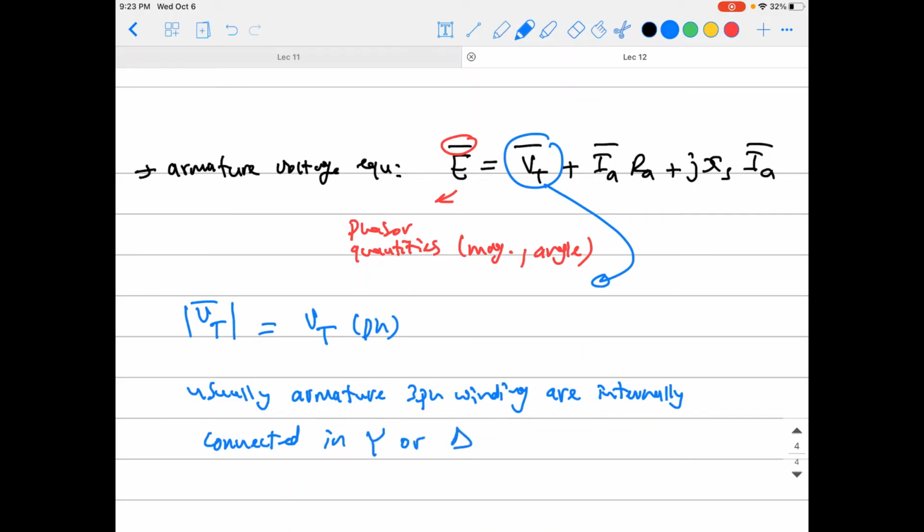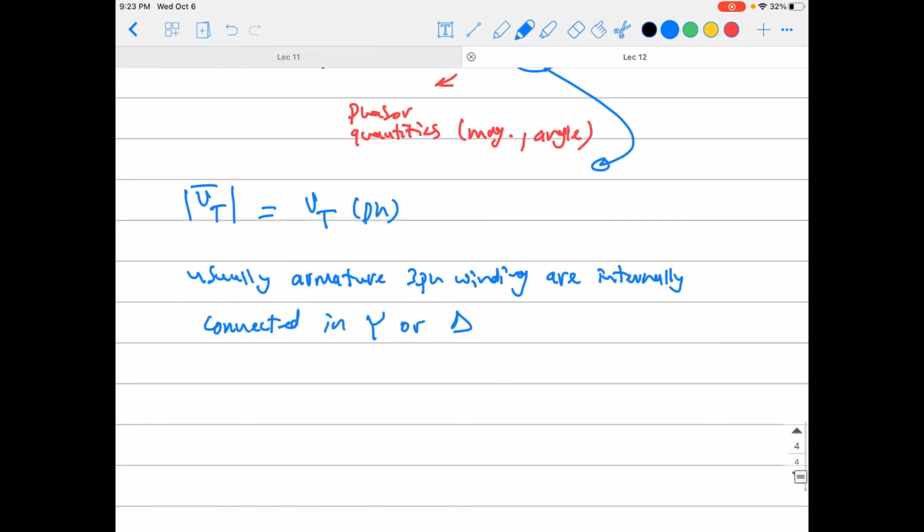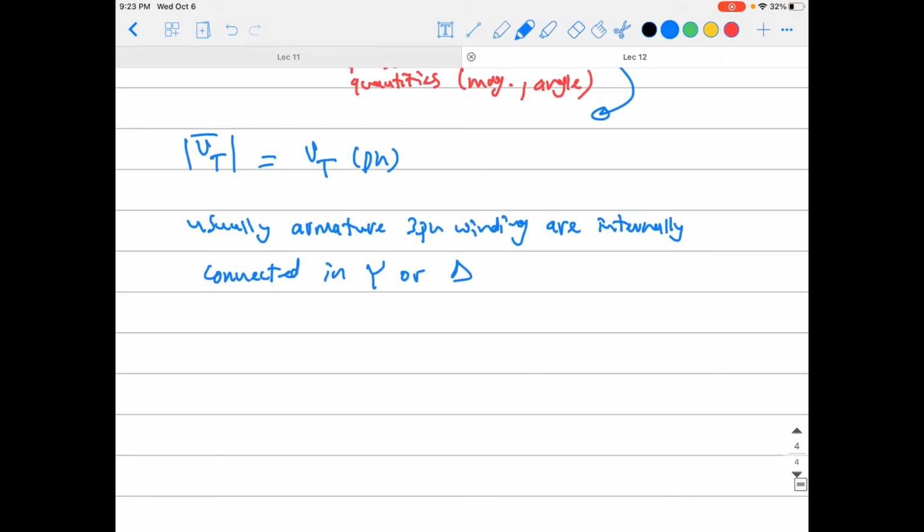Okay, so usually we don't have all the terminals of all the phases out, like 2 terminals of each winding, and now we have 6 terminals. Most of the cases the machine has a typical connection. Okay, so it's a Y or delta, and you just have the terminals for the Y or the terminals for the delta outside for connection. Okay guys, so it depends on the connection.